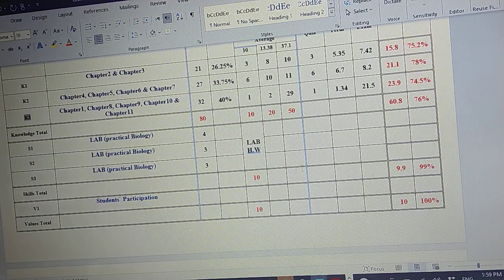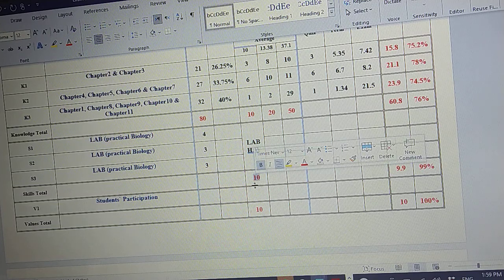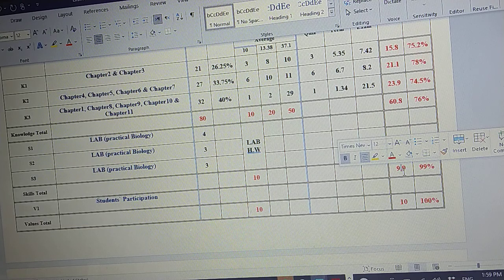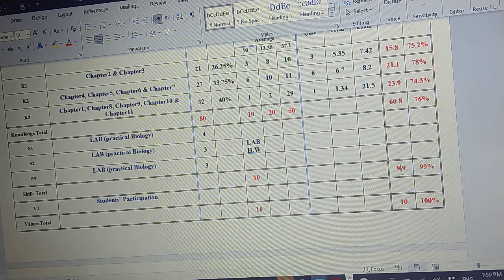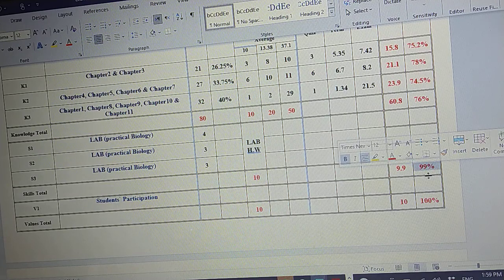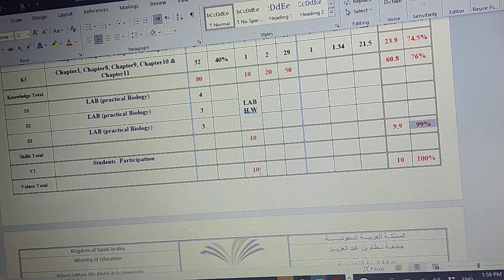Here, I have in the lab homework, the target is 10 and the achieved, which is the average of marks in the lab homework, was 9.9. I'm going to divide 9.9 over 10 times 100. So the percentage of achievement will be 99%. Here also for the student participation, the target is 10, the total mark is 10, and the average also is 10.